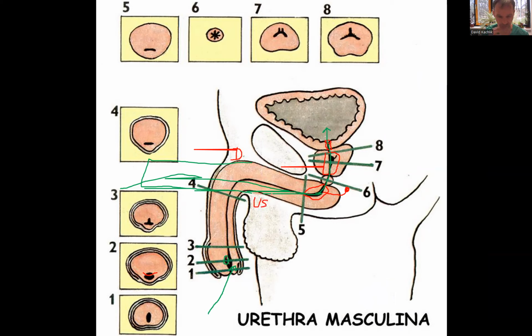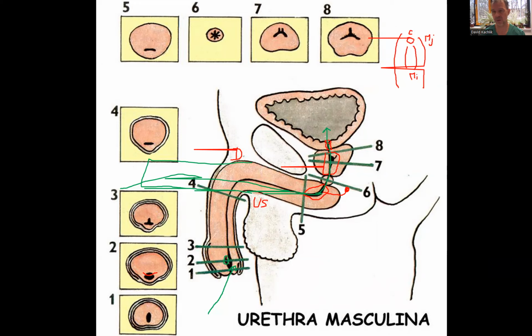So during development, how the urethra and the penis develop. We have an indifferent genital stage, and it contains the phallic or genital tubercle. Then it contains the small and the big folds. In female, you can nicely recognize the clitoris here, the major labia here, and the minor labia here.